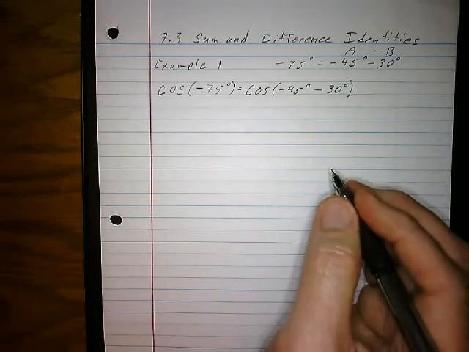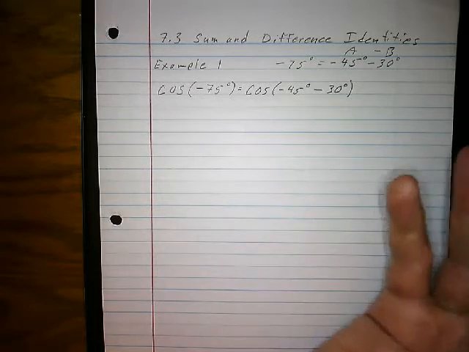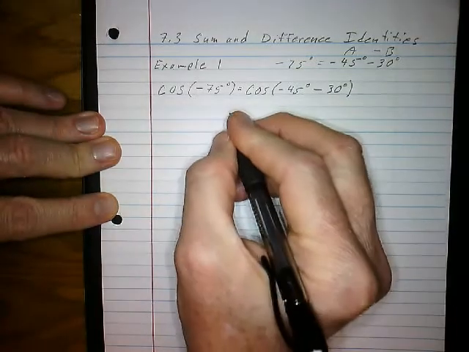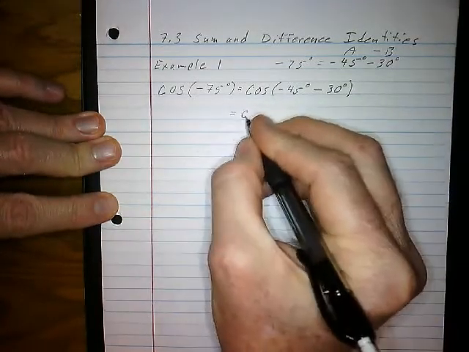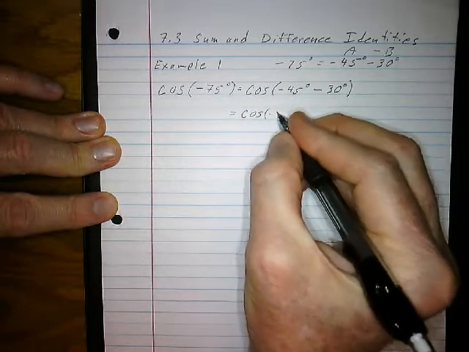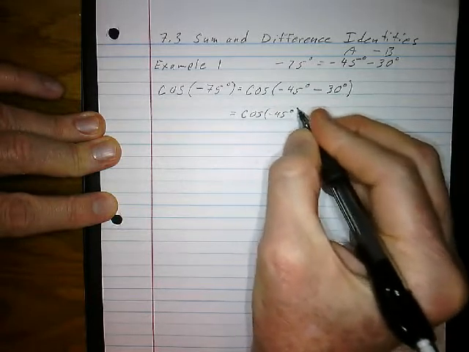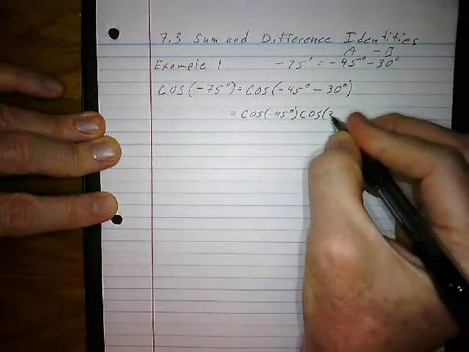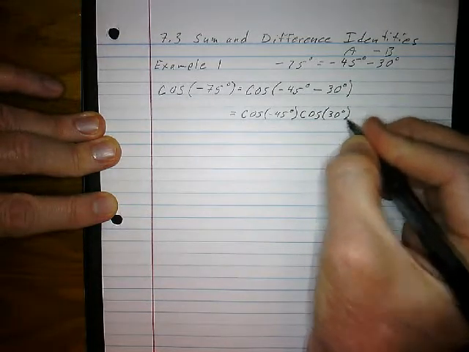It's cosine, cosine, sine, sine. Can you all say that? Cosine, cosine, sine, sine. In other words, cosine of angle A, cosine of negative 45 degrees, times the cosine of 30 degrees.